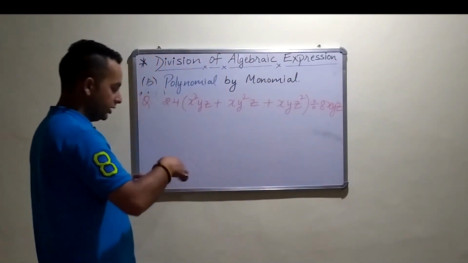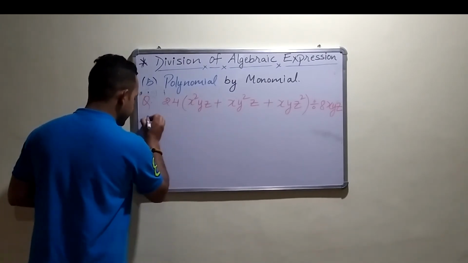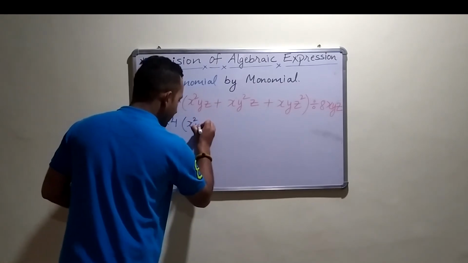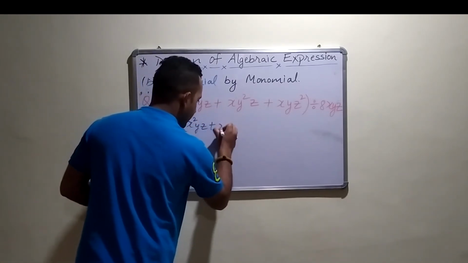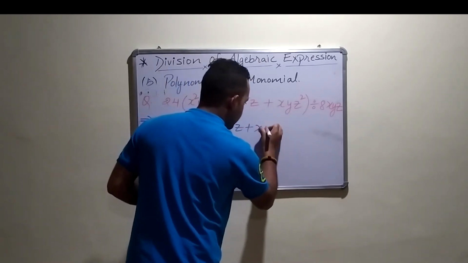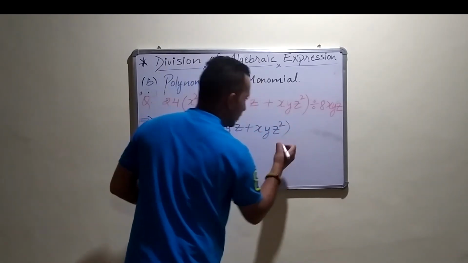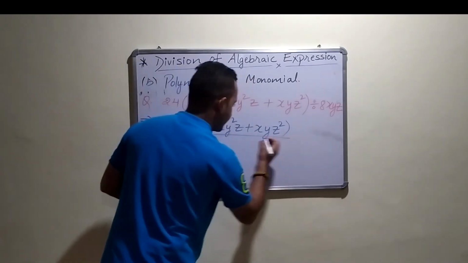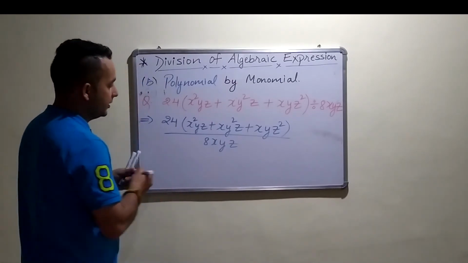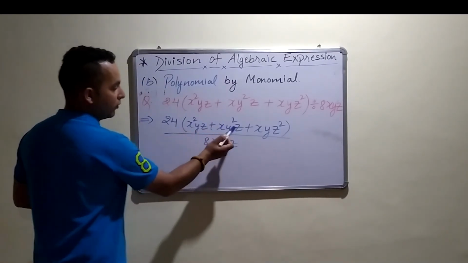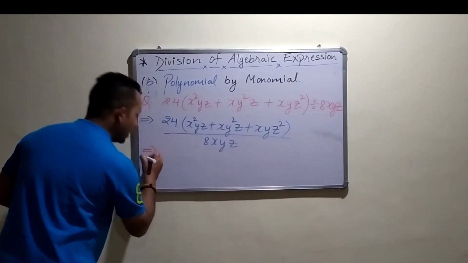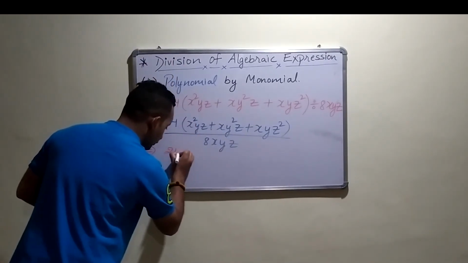Now again I'm going to factorize this. 24x squared yz plus xy squared z plus xyz squared, and 8xyz. Here the common is xyz, xyz is common everywhere. So I'll take it common outside.